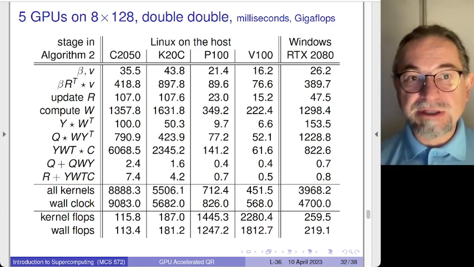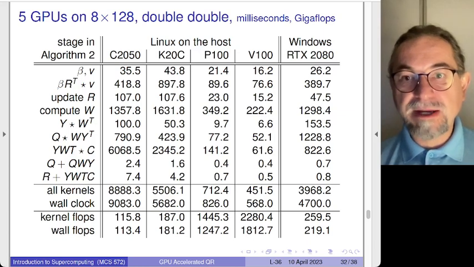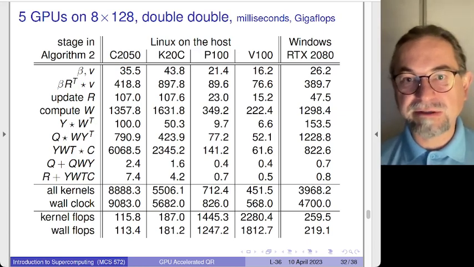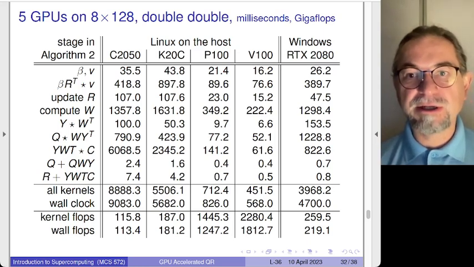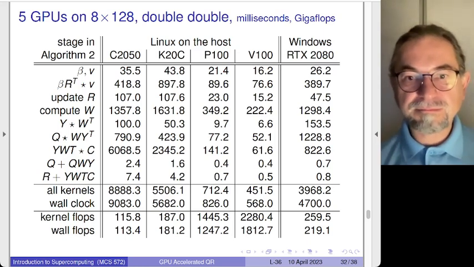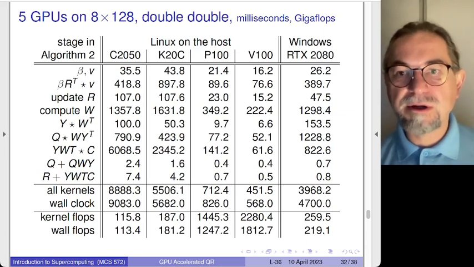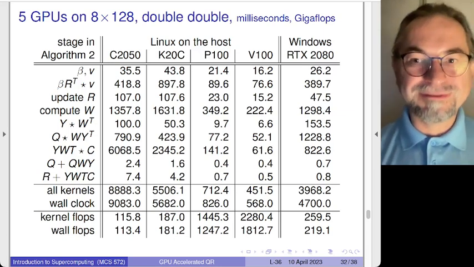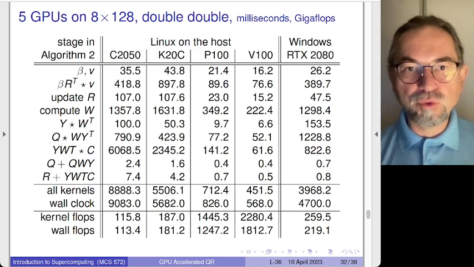The parameters 8 by 128 may not be most favorable for Kepler. So it seems like the RTX 2080 in the gaming laptop is outperforming Kepler, which is probably not entirely in favor of Kepler, because I think 192 might be a better parameter there for the number of threads in a block.